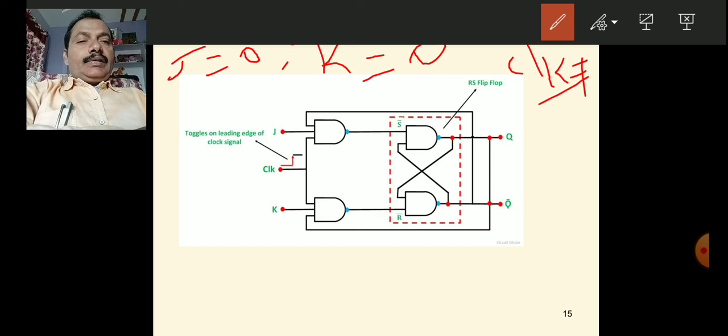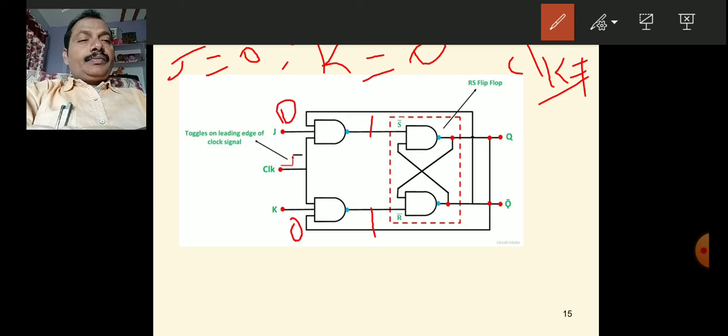At that instant of time, because J is 0 and K is 0, the outputs of these NAND gates are 1, 1. Whenever the SR latch has 1, 1, we have already discussed what happens: it holds the previous state only.